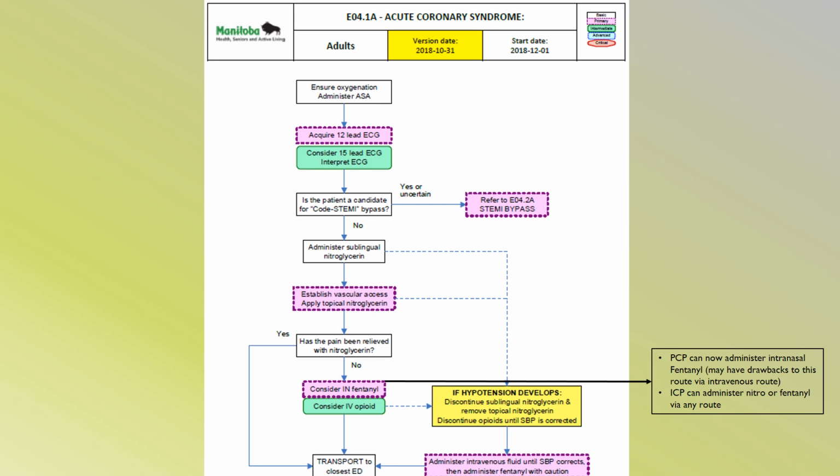What we will say is that injectable fentanyl is a better option than intranasal. I've mentioned here that there are drawbacks to intranasal fentanyl, and yes, that's true. The onset of action for intranasal fentanyl, if everything goes absolutely perfectly in terms of the administration, is likely 5 to 10 minutes, whereas injectable fentanyl takes effect immediately.